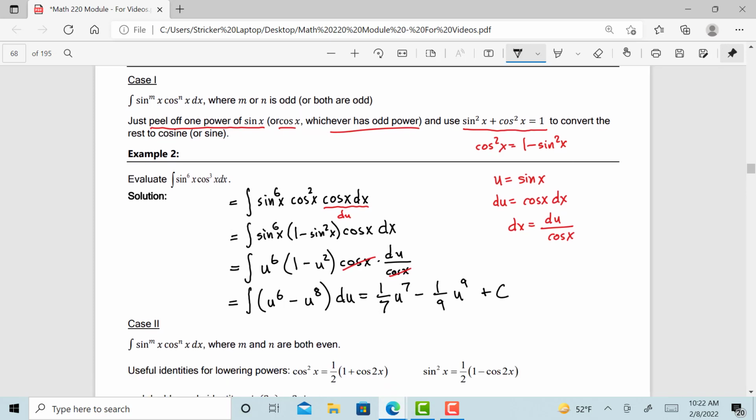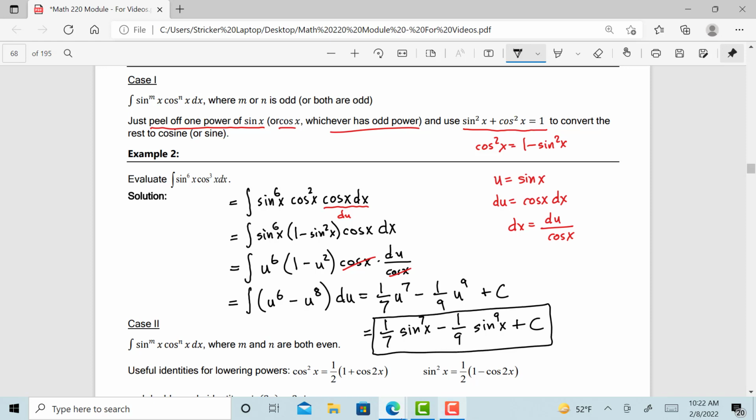And then, of course, we can back substitute, and we get 1/7 sine of x to the 7th power minus 1/9 sine of x to the 9th power plus c. And that is how we do example 2.